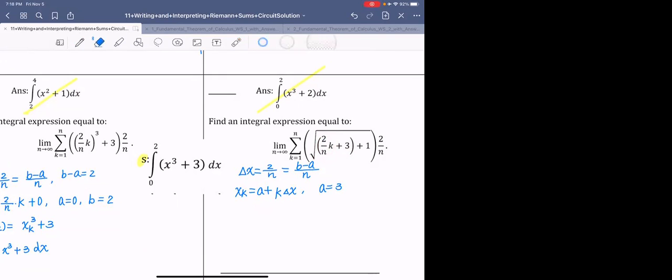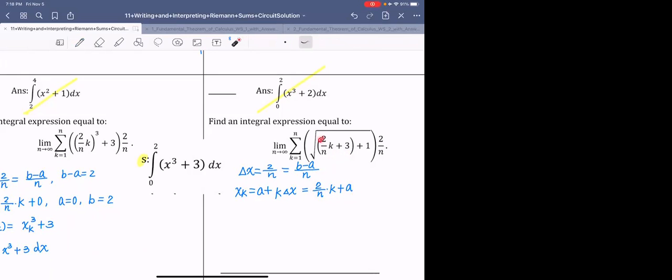So if you feel this is not clear enough, you can say, I'm going to do 2 over n, plug in k, and plus a. So who is my a? a is 3. Make sense now?